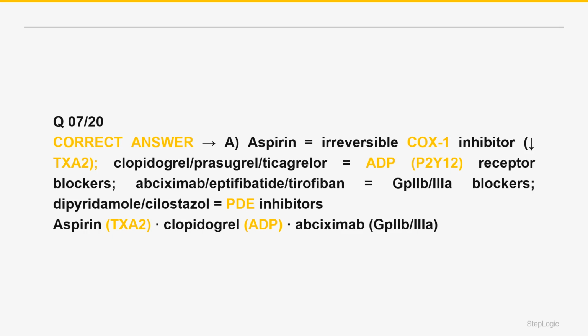Dual antiplatelet therapy, aspirin plus a P2Y12 inhibitor, is standard after coronary stenting, so each drug class hits a distinct target: thromboxane, aspirin; ADP receptor, clopidogrel; or GP IIb/IIIa, abciximab. Aspirin COX, clopidogrel ADP, abciximab GP IIb/IIIa: these pairings are correct.